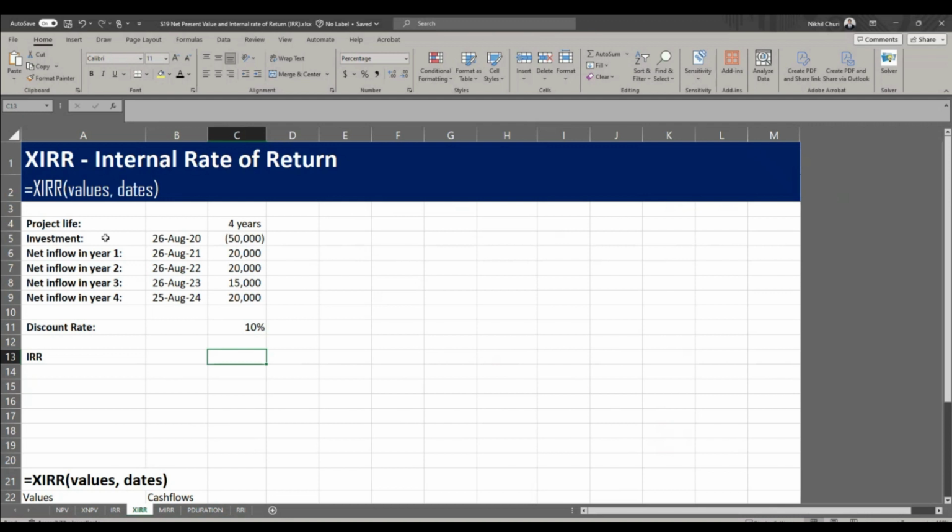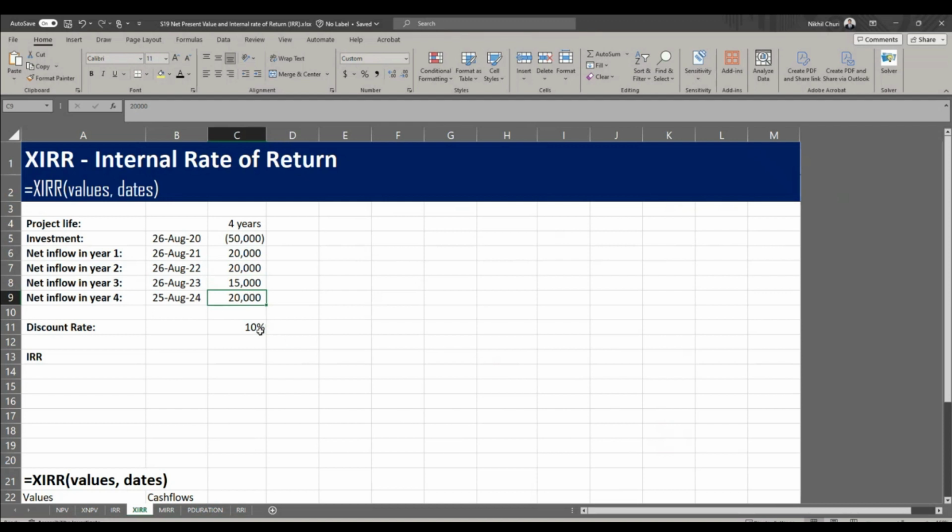So as per that, at year 0, when the 4-year project started, this investment was done on the very first day of that year. And then after 365 days, this net flow happened, and so on for the remaining years.